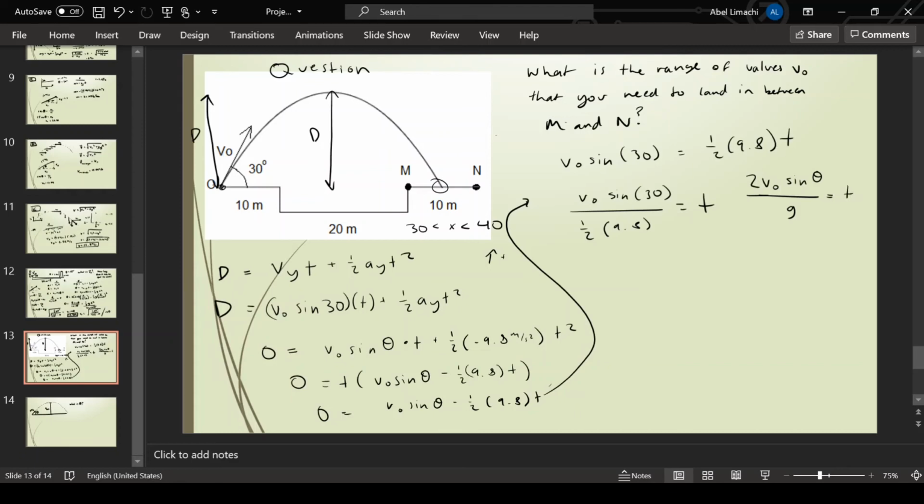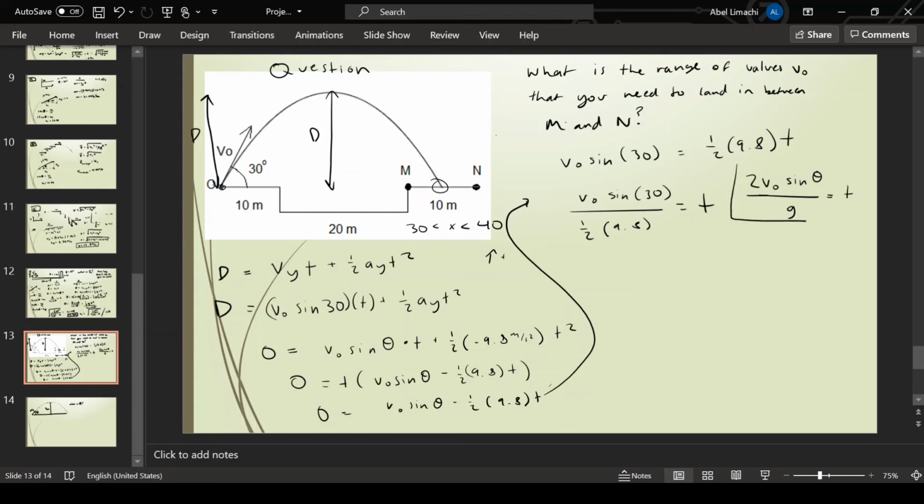So if you're looking for the time it takes to travel from here to here, and you know the initial speed, the angle it's at, and what g is, which I really hope you guys know by now, you can figure out the time at which it stops. You can't figure out the distance it travels or the height. You can figure out the time where it hits the ground.